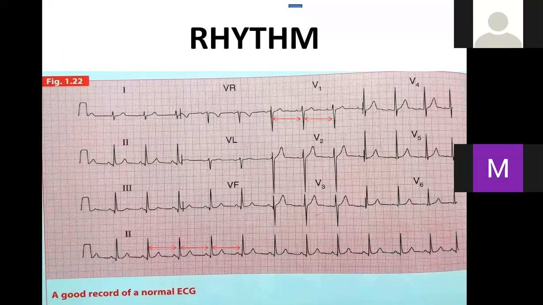For rhythm, you will see long lead 2, and you will see the R to R distance. In all the leads, the R to R distance should be equal. The second thing you will look at is the P wave. Every QRS complex should be preceded by a P wave, and every P wave should be followed by a QRS complex.